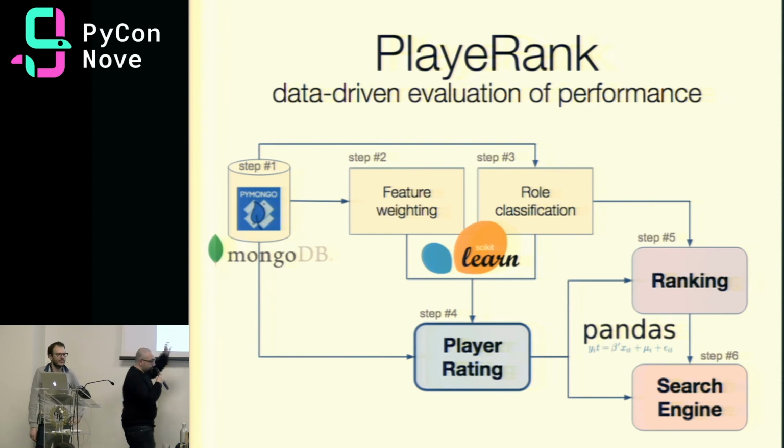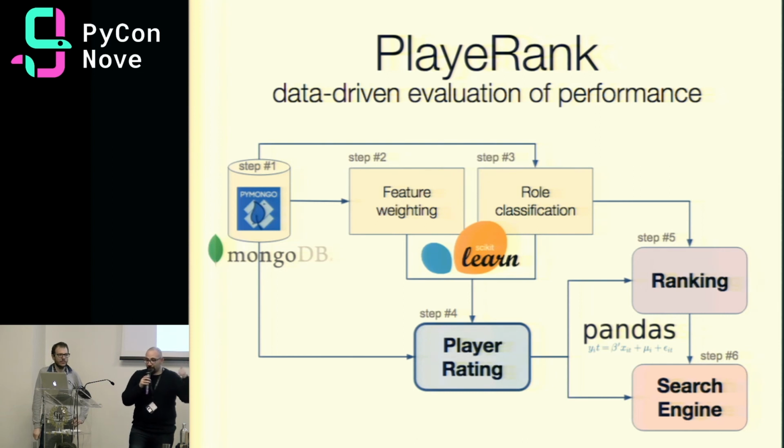This is the architecture of PlayeRank. First of all, we have a database of events, and we use the PyMongo Python package to extract the performances from raw data. Then we have to solve two challenging problems. The first one is feature weighting.